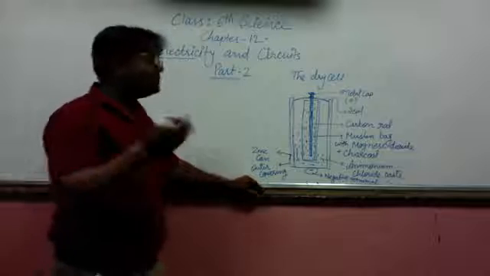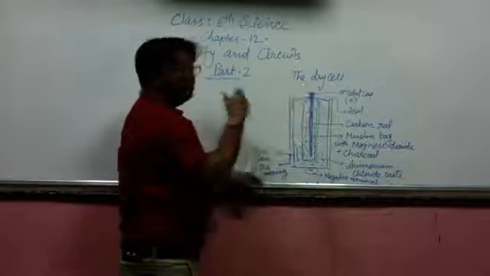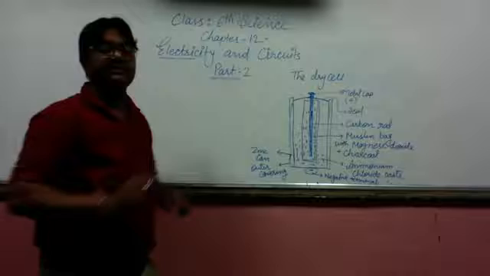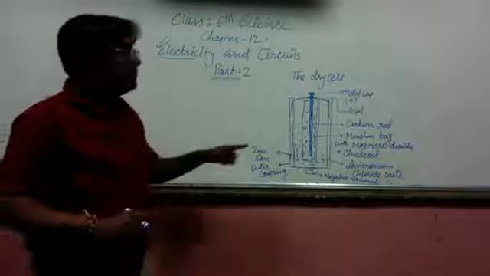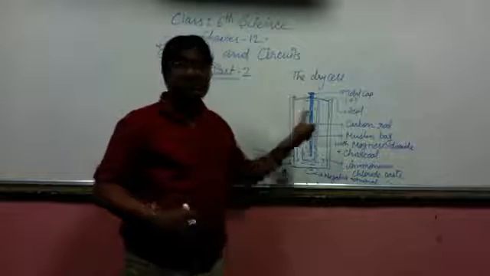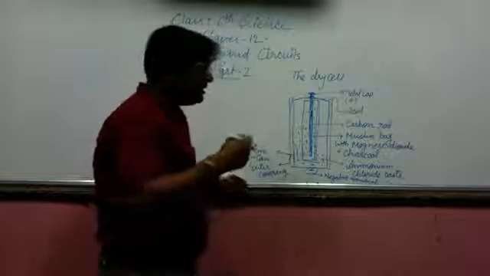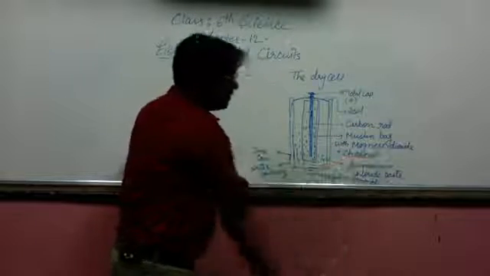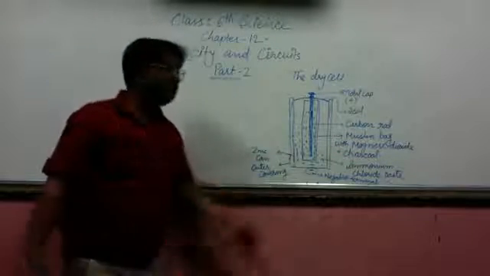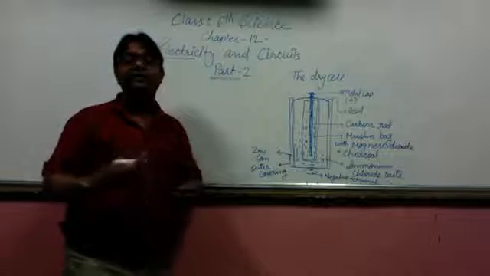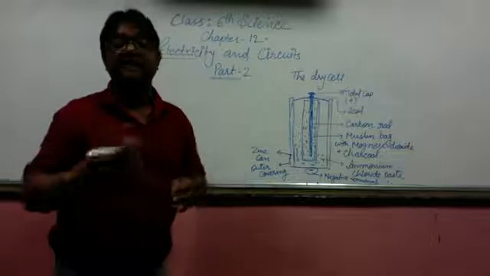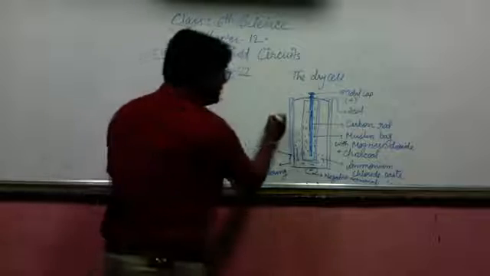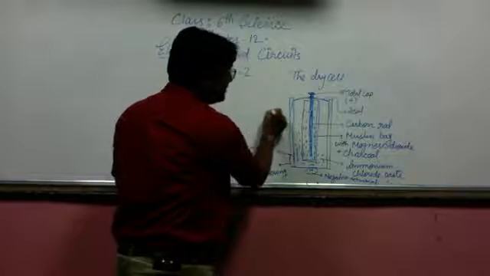And what happens when these terminals are connected with wires and these wires are connected to each other? Then electrical charges will start developing. The manganese dioxide, charcoal and ammonium chloride paste start reacting with each other, and they will produce positive and negative charges here.